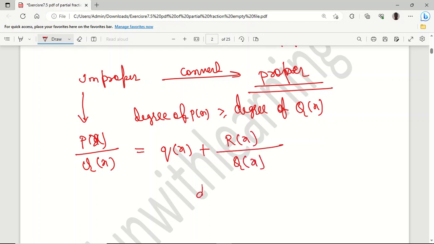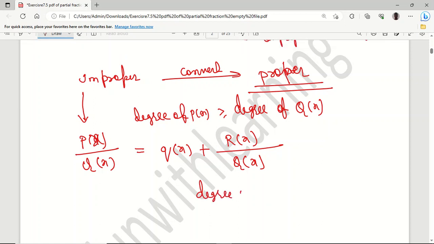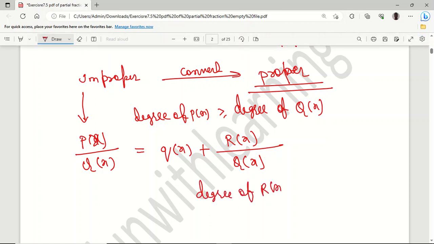Now the degree of r(x) will be smaller than the degree of q(x).